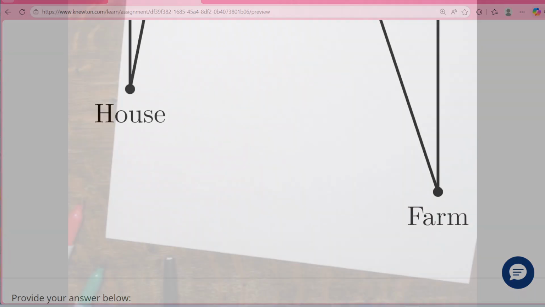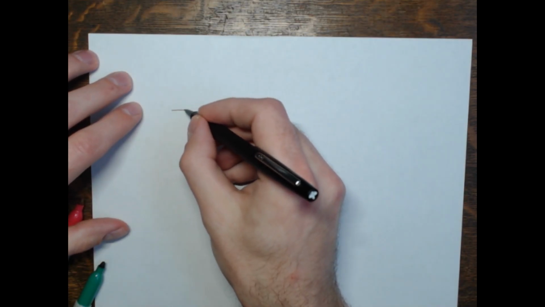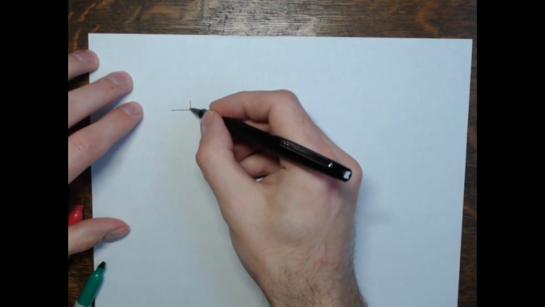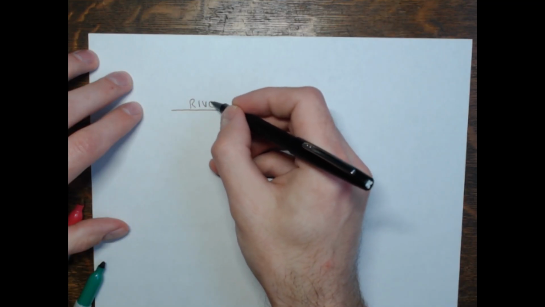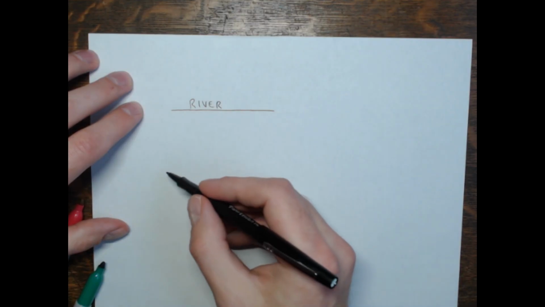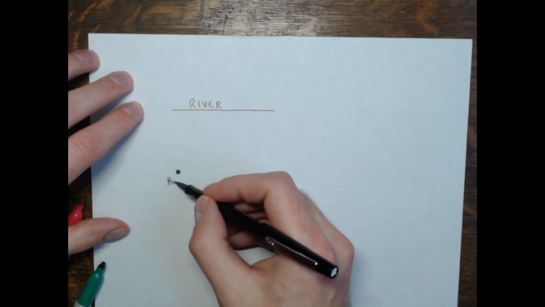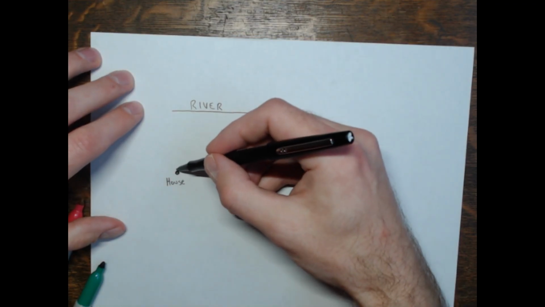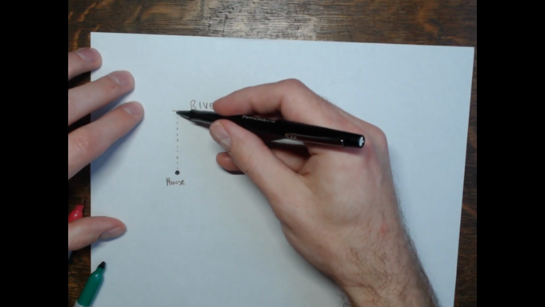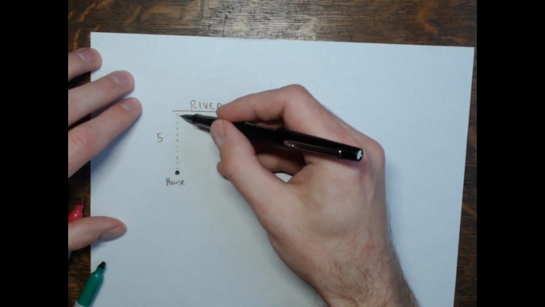All right. So here's this picture, right? They said here's this river. They said the farmer's house is 5 miles due south. So this is 5 miles straight to the river.